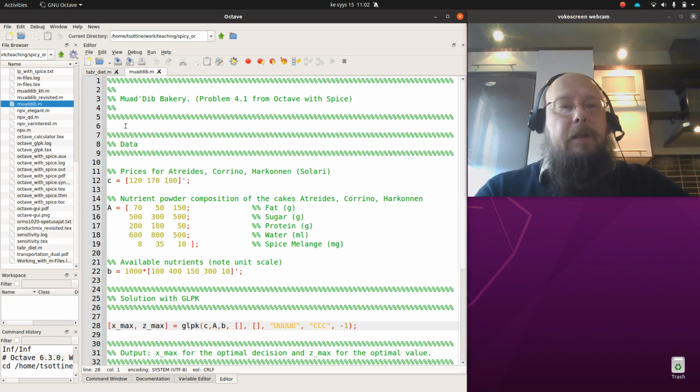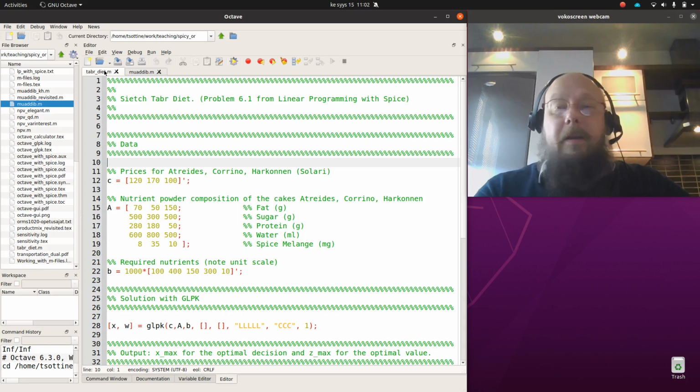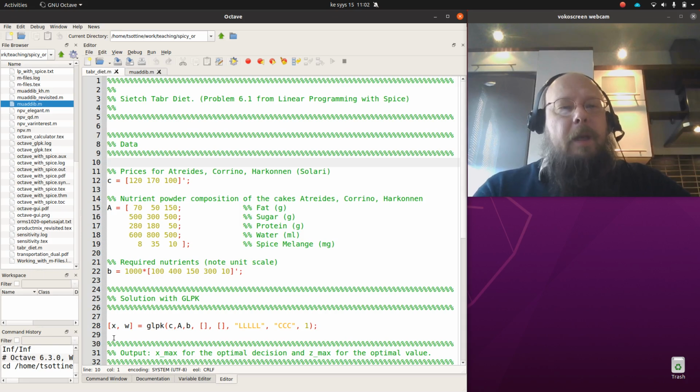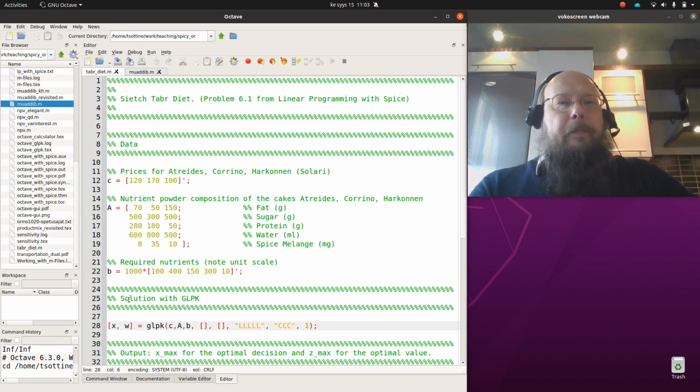Now look at this line. Line 28. Okay. There is something different, but not much. So what's the difference? Okay, I call the solution X and W. That's just, I decided I could call them anything, of course.